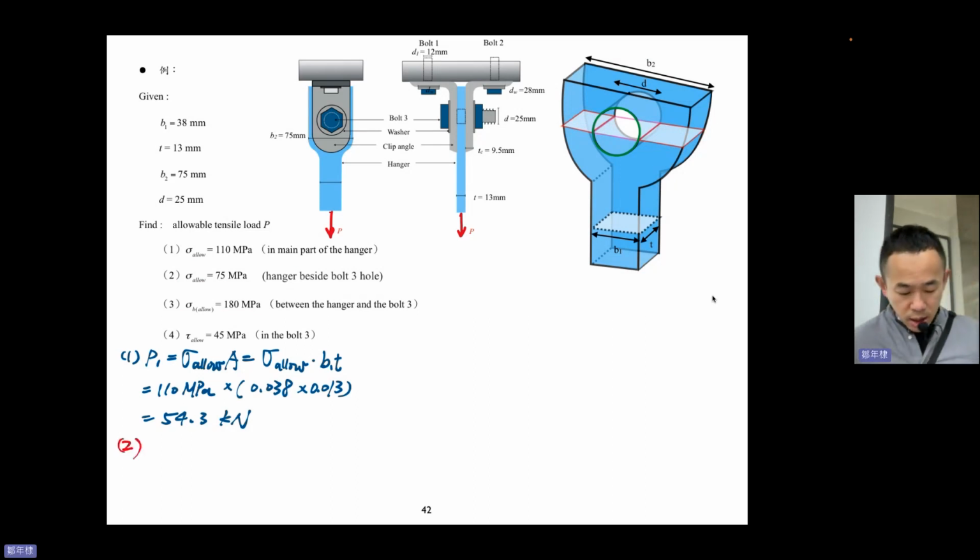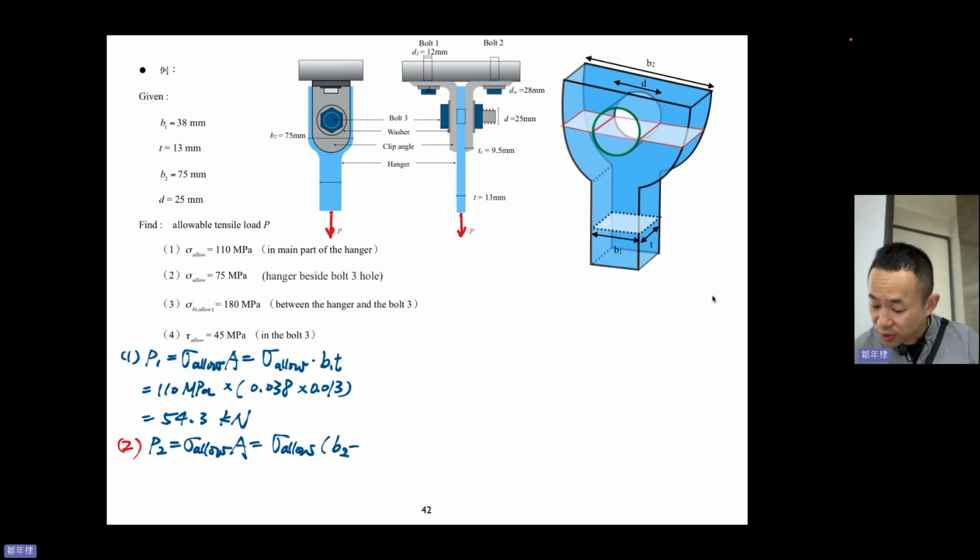P2 equals sigma allow times A. So sigma allow times (B2 minus D) times T. Okay, so you can imagine B2 minus D. So this is two lines here, and times the thickness T. So you can obtain these two areas. So these areas will share the P2.